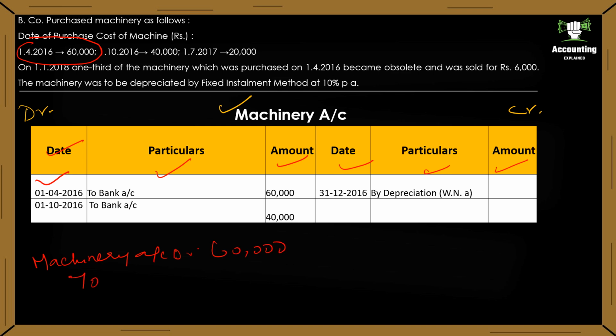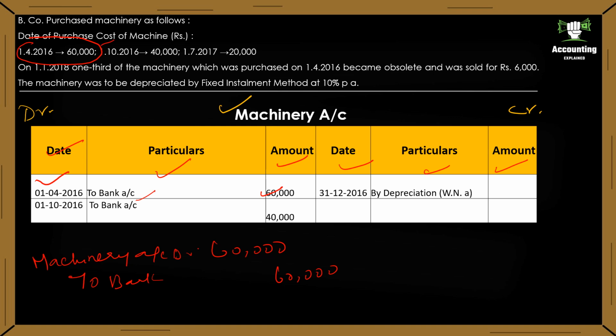And again, bank is another asset. The value has to be decreased and we are going to credit what goes out. So here bank is the account to be credited.